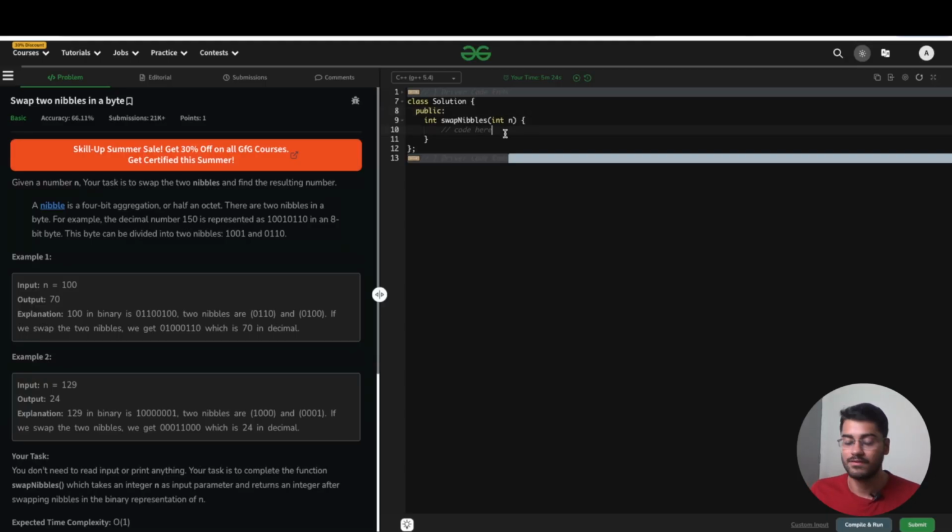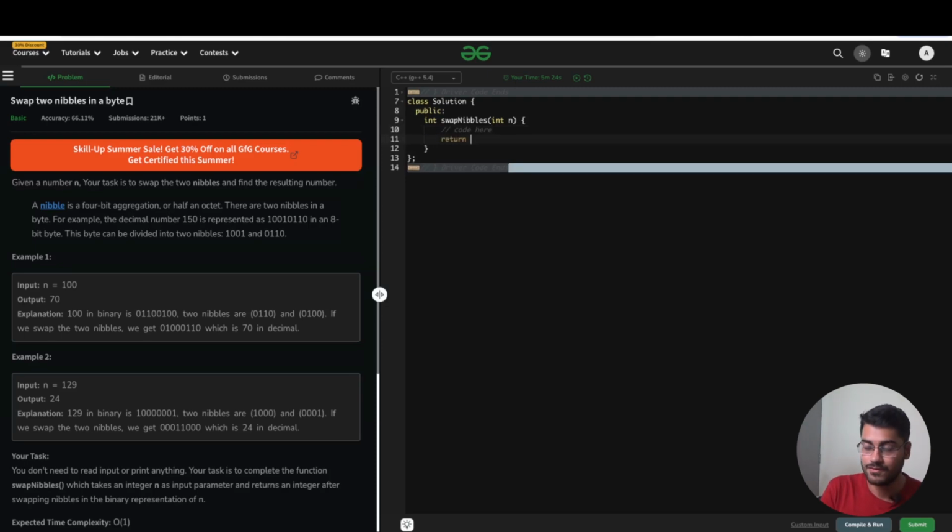We have been given an input n, and we'll simply return the first operand, that is n bitwise AND 15, then left shift it by 4, and then do a bitwise OR with n right shift 4.